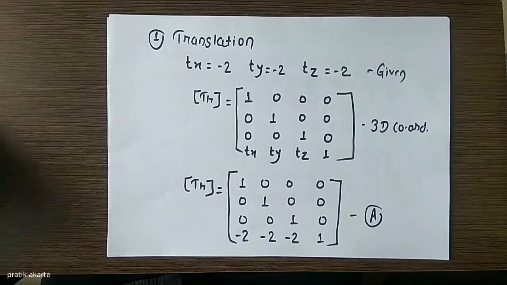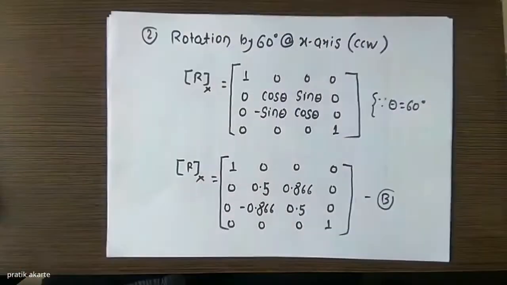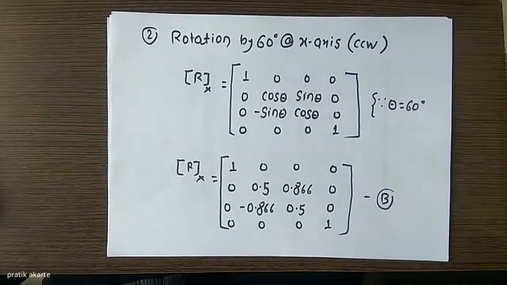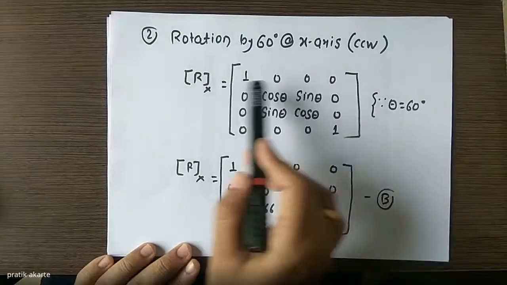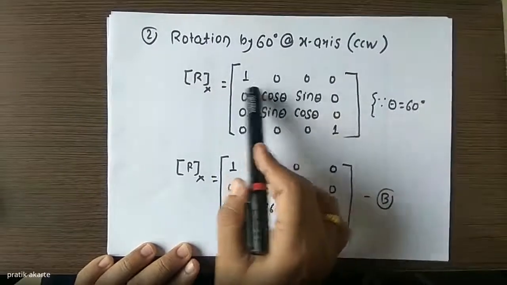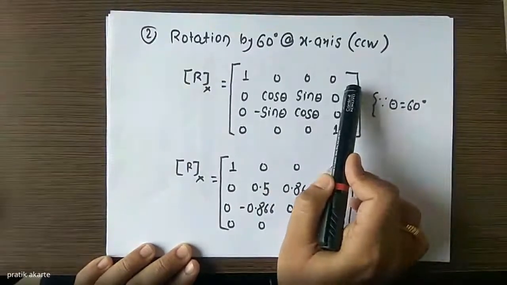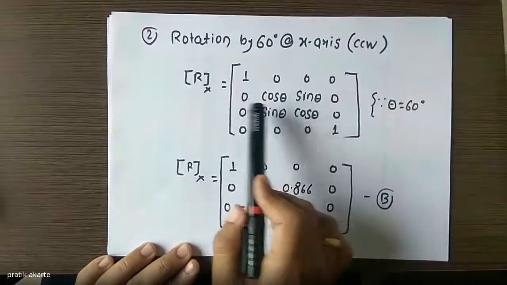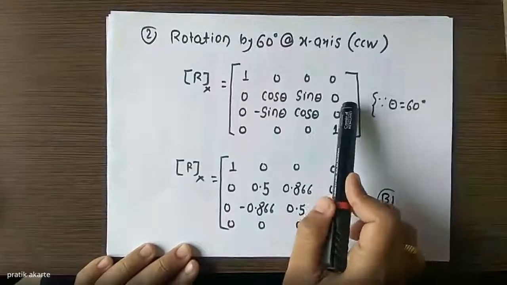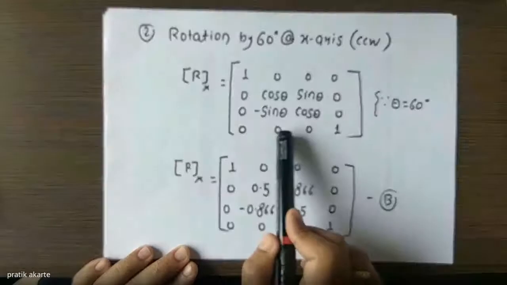Now we have to simply rotate it 60 degree about x-axis. Nothing has been given other than the principal axis or any arbitrary point, so we can directly rotate it. Again, you need to remember, for along x-axis, if you are writing the equation in 3 dimensions, it is 1, 0, 0, 0, 0, cos theta, sin theta, 0, 0, minus sin theta, cos theta, 0, 0, 0, 0, 1.